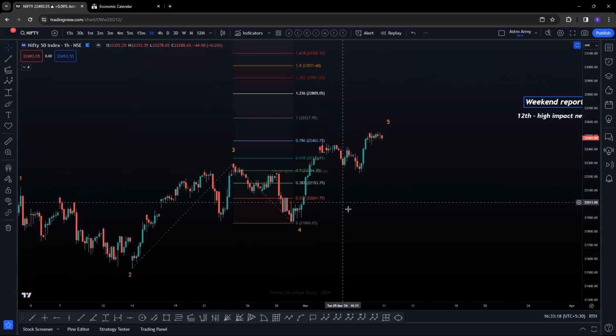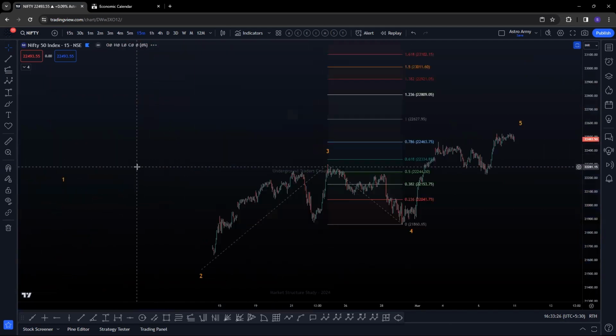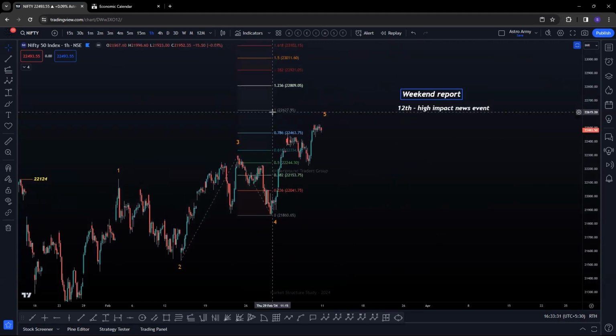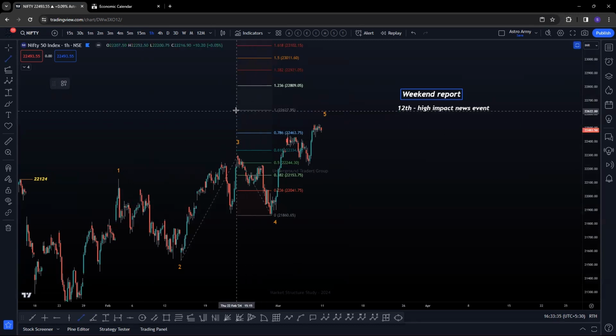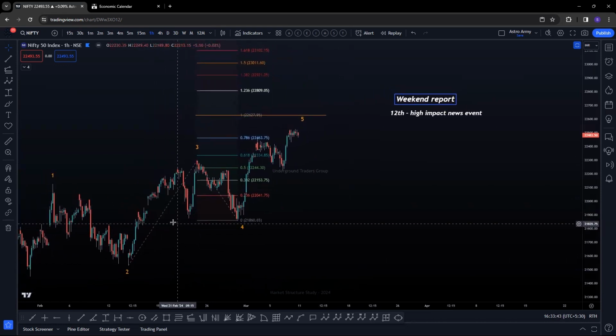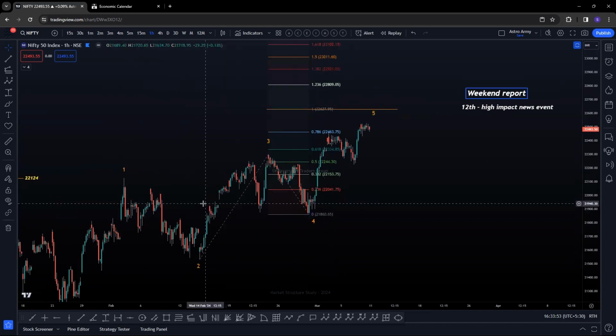Let me recheck it again. 22,627. Earlier I thought I was getting 631, but anyway, we'll take this level. Right now, as long as the market is below this, we can consider the ending diagonal structure as valid.